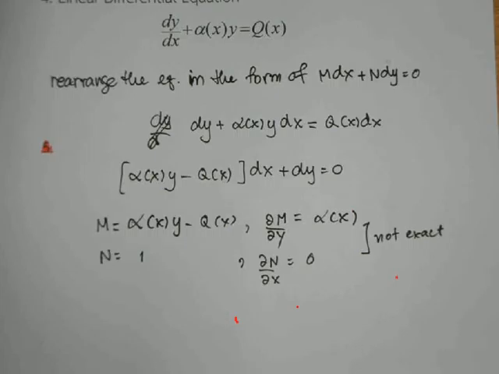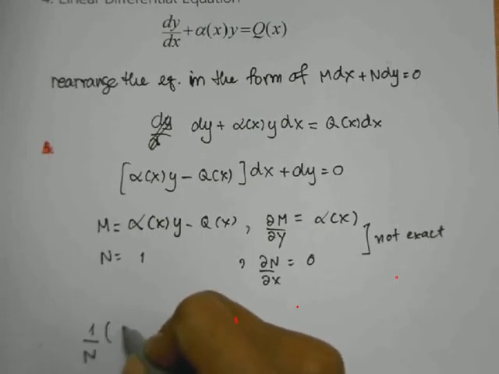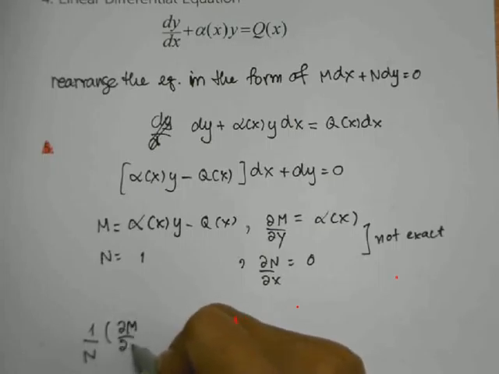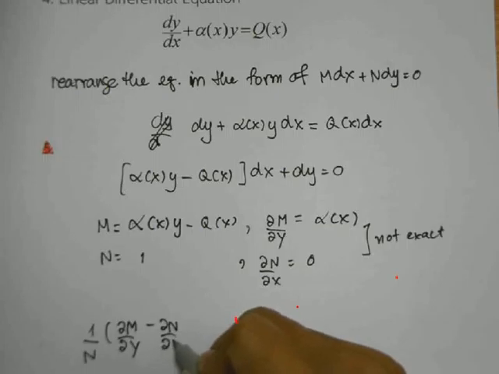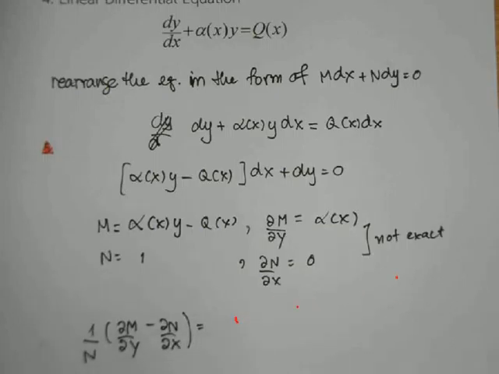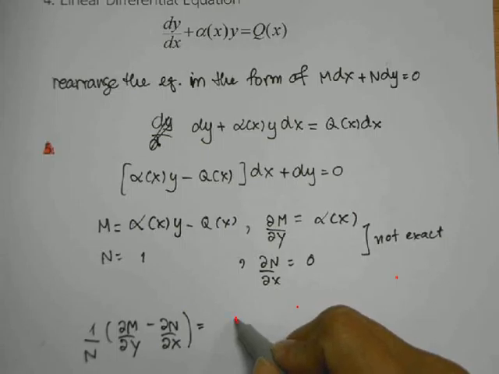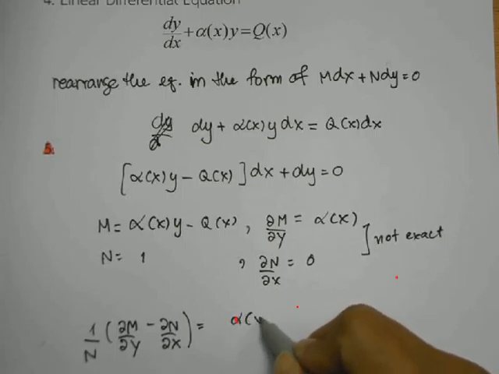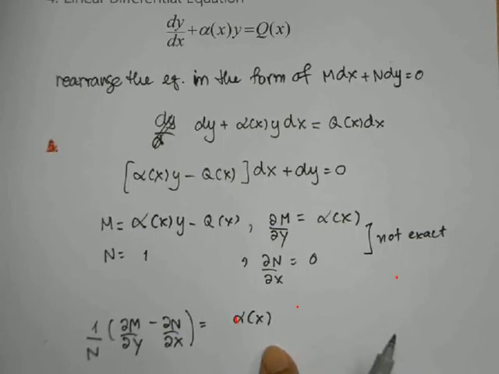Using the first case, it says that 1 over N times the difference between the derivative of M by y and the derivative of N by x is supposed to be a function of x only, right? So we get alpha(x), which is a function of x only.